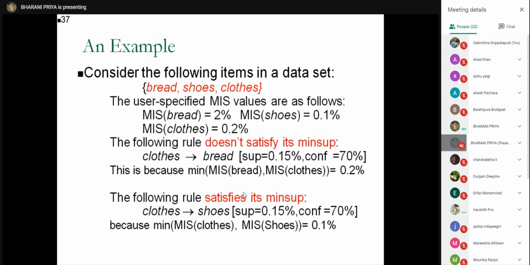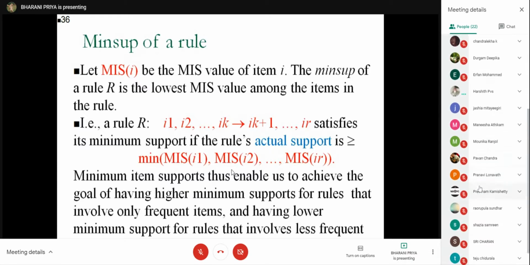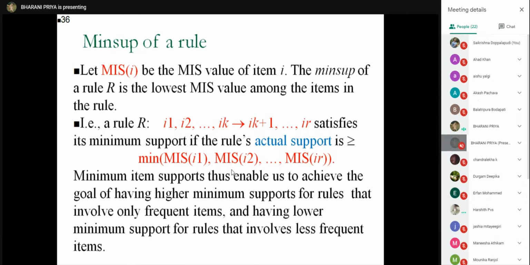See here, for the rule itself, we are checking the actual support values. Your doubt is about generating rules, where you need to consider confidence, right? Yes, ma'am. But here, as we are considering minimum item supports to satisfy the rules, this condition should be satisfied. Okay, ma'am.